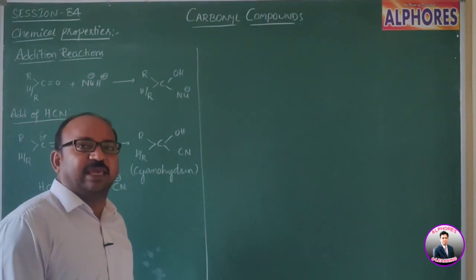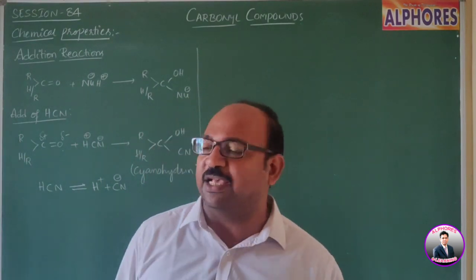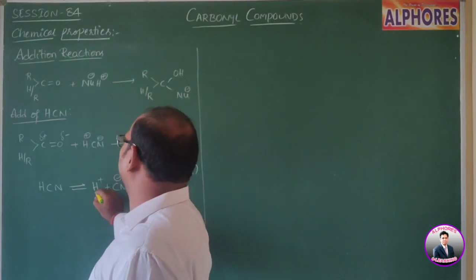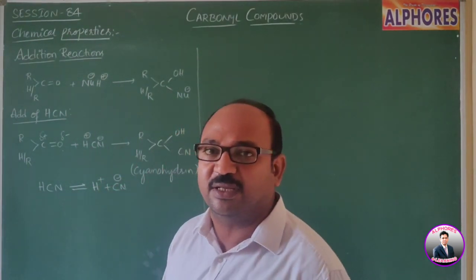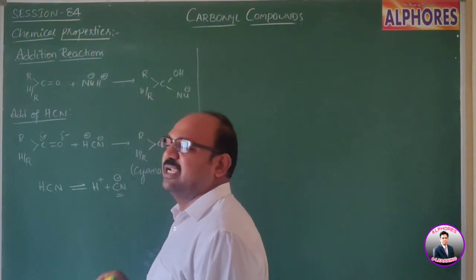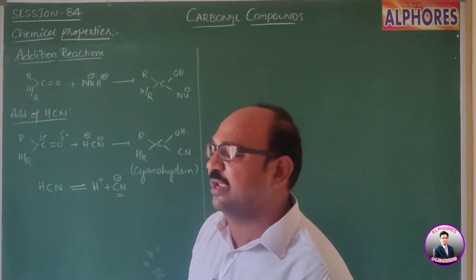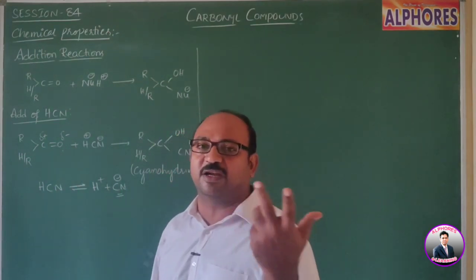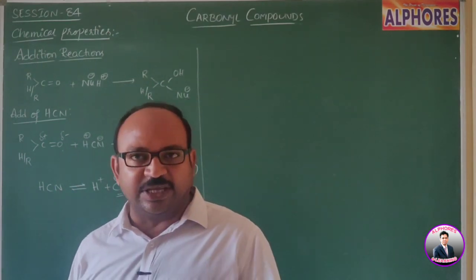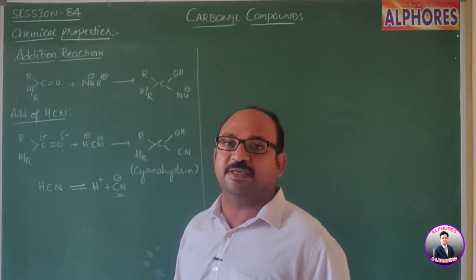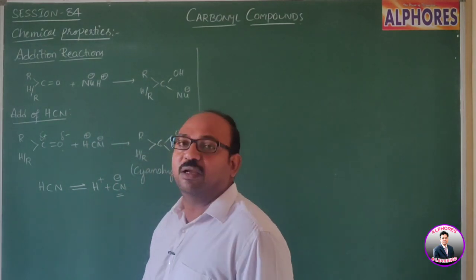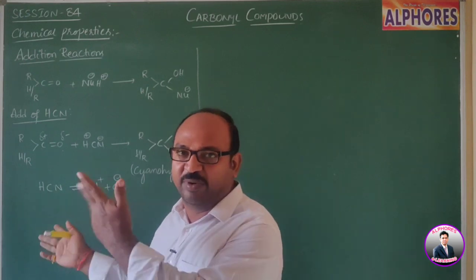Being a weak acid, when H plus and CN minus dissociate, the CN minus concentration and H plus concentration are both very low. That's why the addition is not that effective. Since HCN is a weak acid, it does not furnish much CN minus.